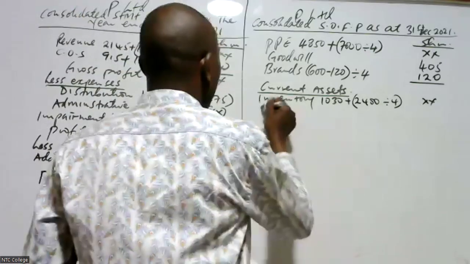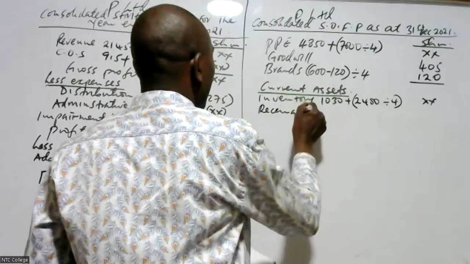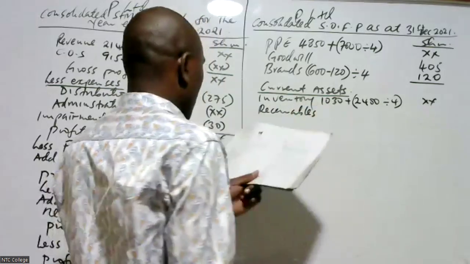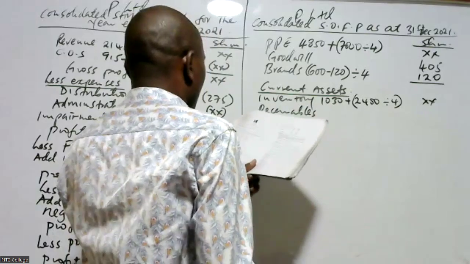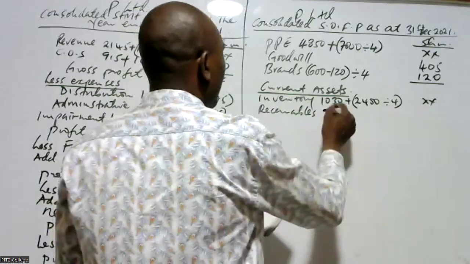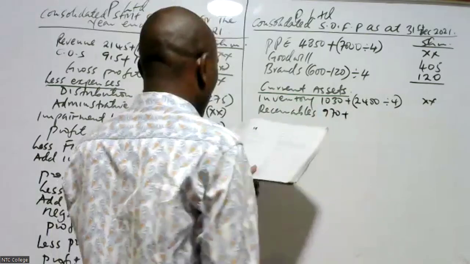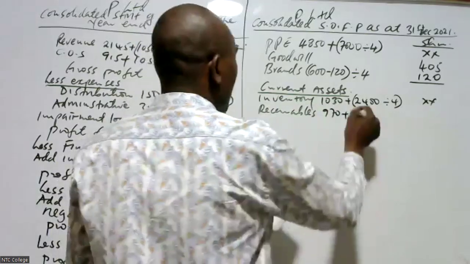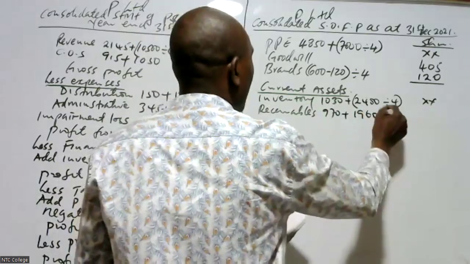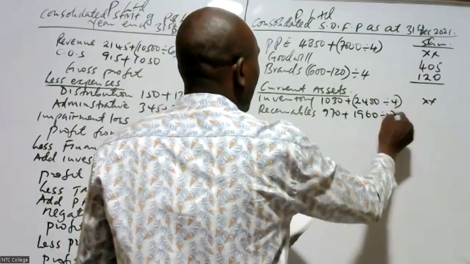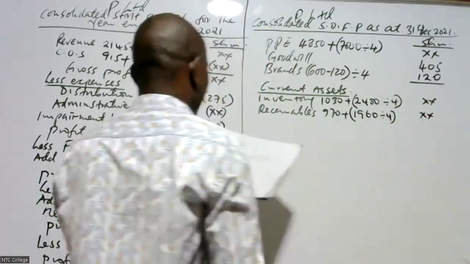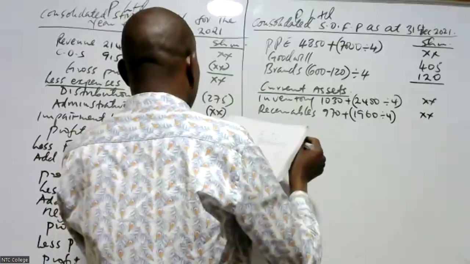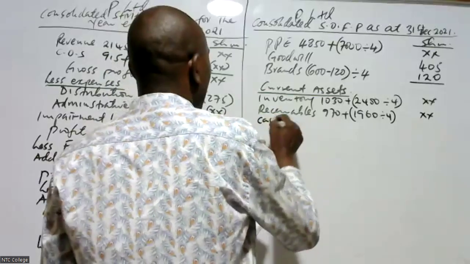Then the receivables. That is 970 plus the one for the subsidiary, 1960. Nothing else. Then cash and cash equivalent.